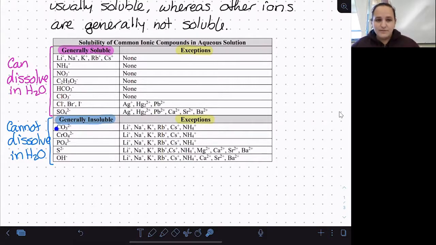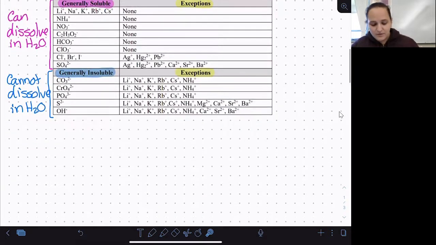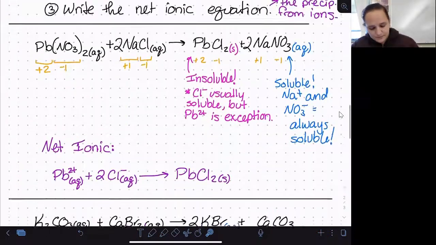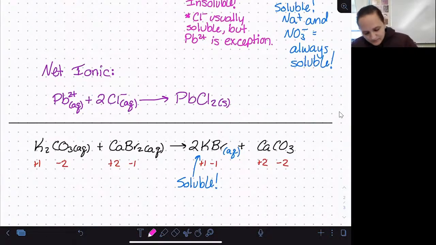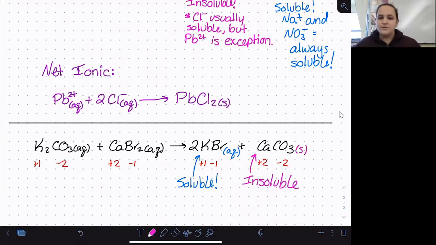So calcium paired with carbonate is not, so it follows its typical trend of being insoluble in water. So calcium carbonate is insoluble, which means that it will produce a solid precipitate.